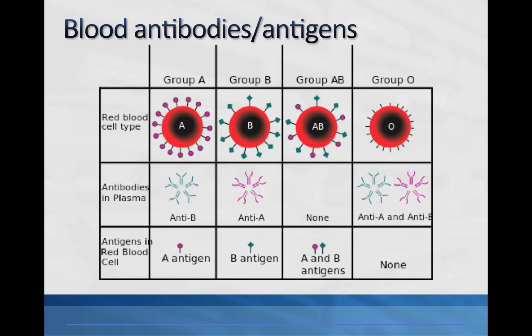So the O is bare, but it has both antibodies. So O can only receive O, but it is the universal donor because the antibodies won't attack it. O can go to A because the anti-B antibody is not going to attack it. It can be given to B because the anti-A antibody won't attack it. Group AB doesn't have antibodies. Thus, O is the universal donor, AB is the universal recipient.